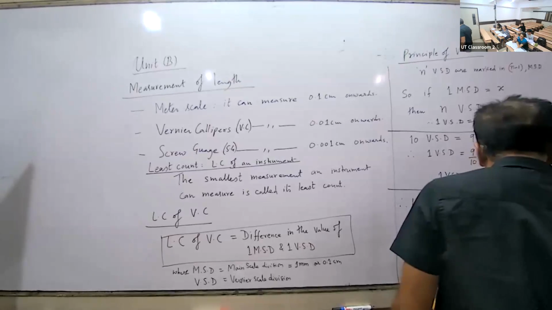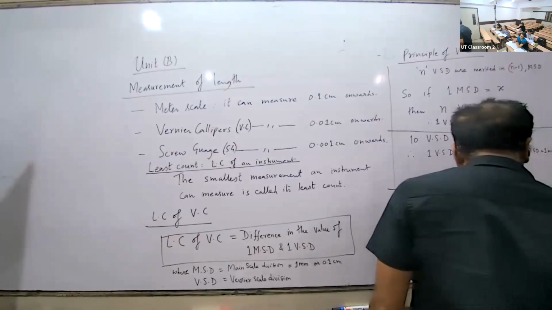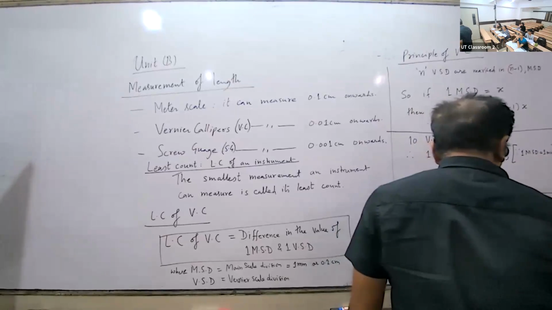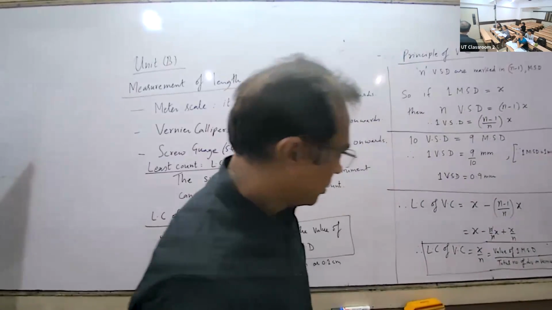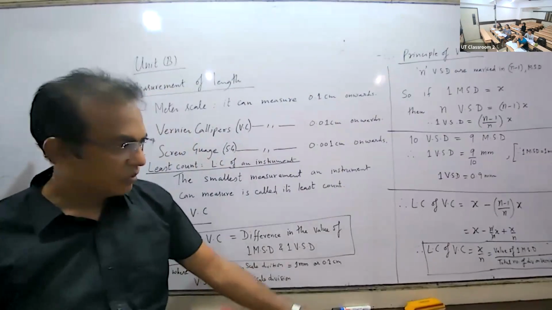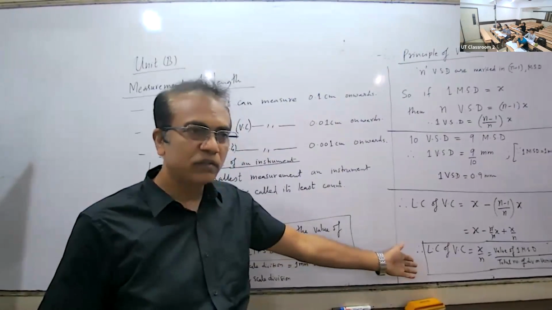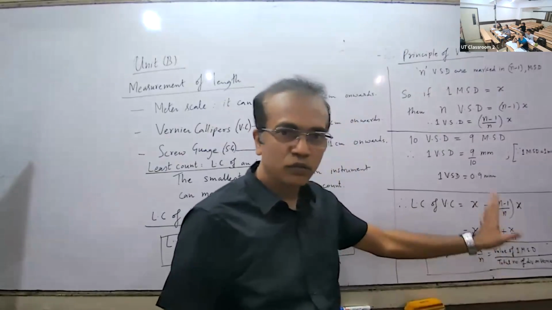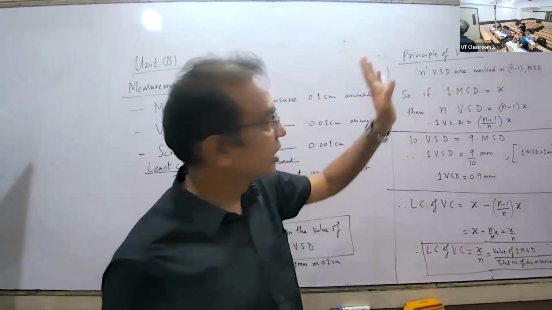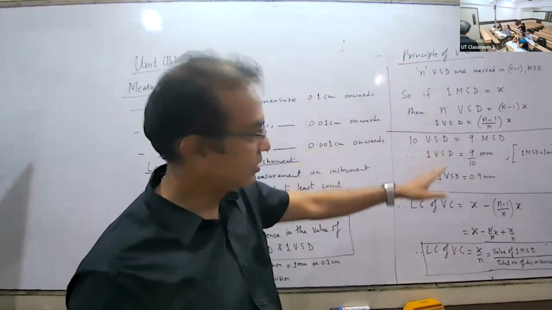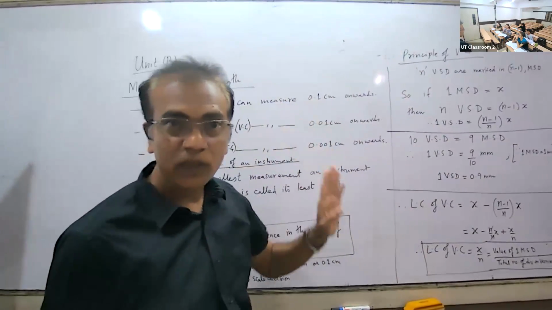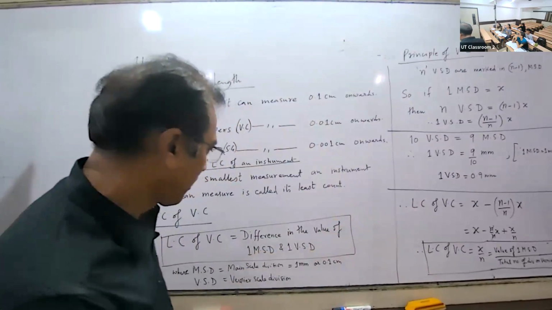This is the formula of least count of vernier calipers. Okay, so the derivation of the formula is not expected, but you must know how to find the least count. And I have explained how to find it. This is the example. This is the general formula. Clear? Anybody not clear, please ask.